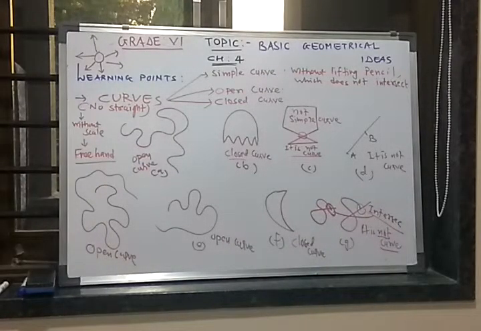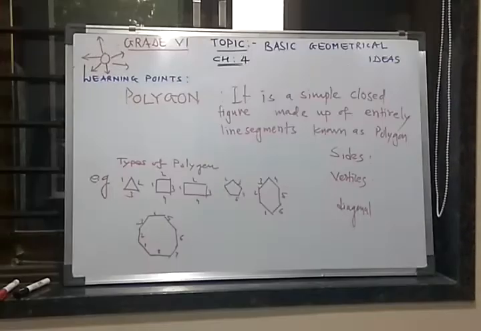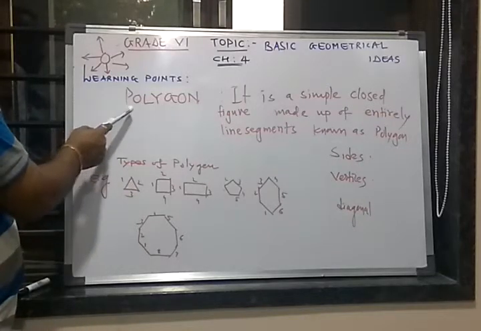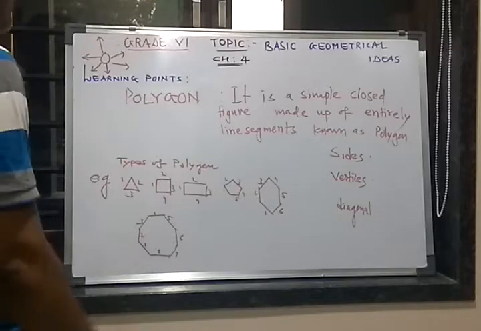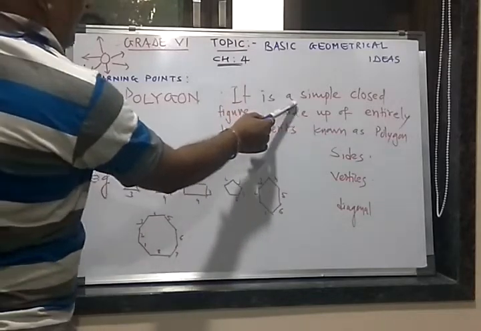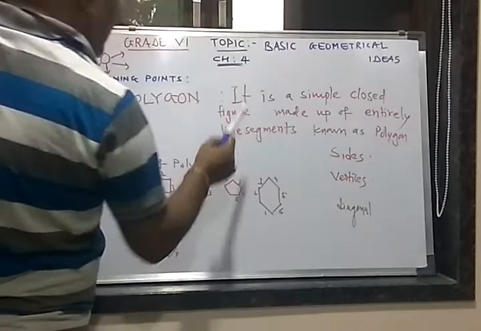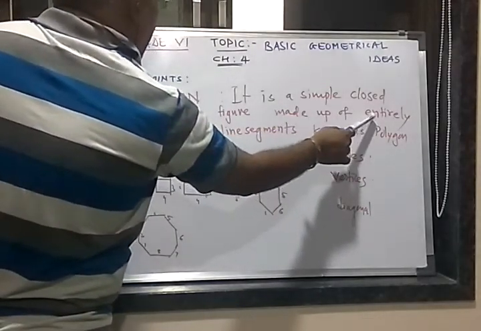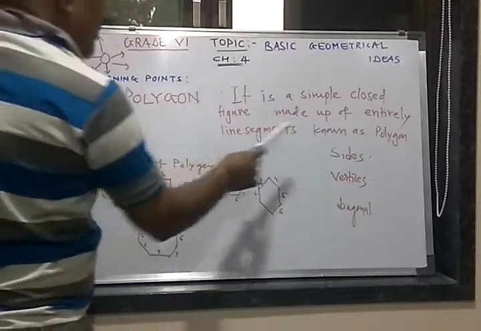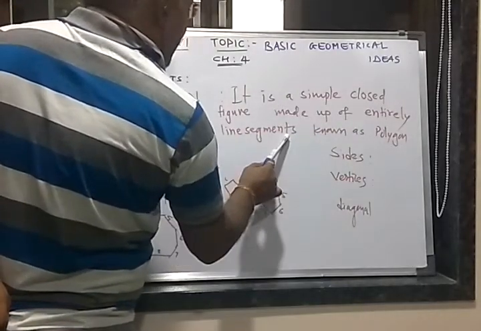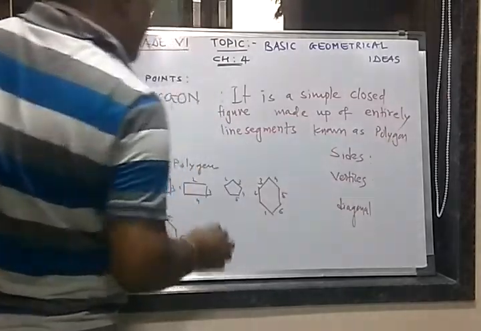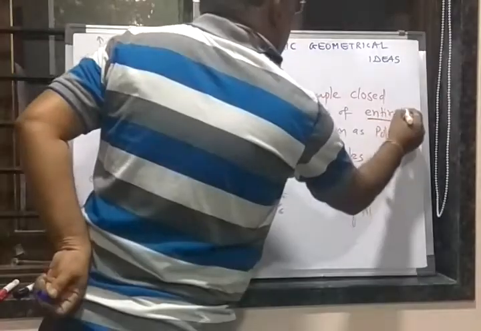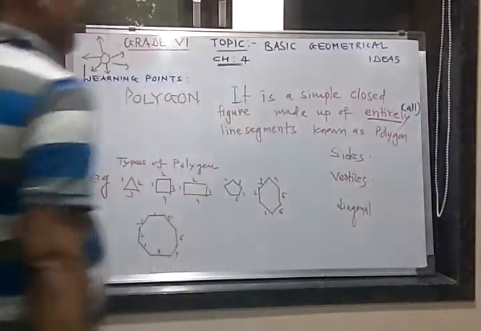Okay, students. Next point: polygon. It is a simple closed figure made up entirely, meaning all, of line segments, known as a polygon.